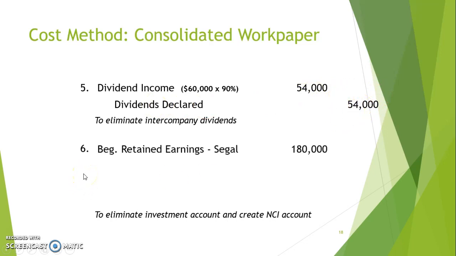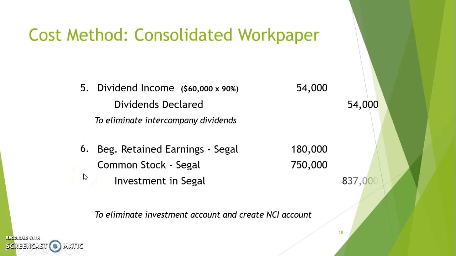And to deal with the investment account, it has now to be eliminated. Now the investment account now stands at $837,000, which is the original 810, plus the 27,000 that has been allocated for a share of post-acquisition profits. So the beginning retained earnings of the subsidiary of $180,000 is eliminated.